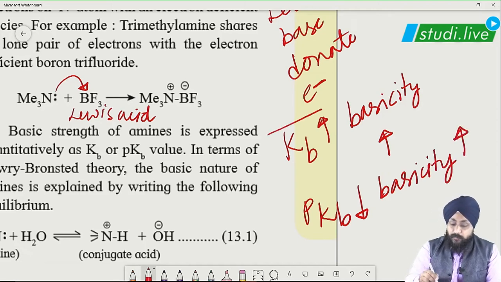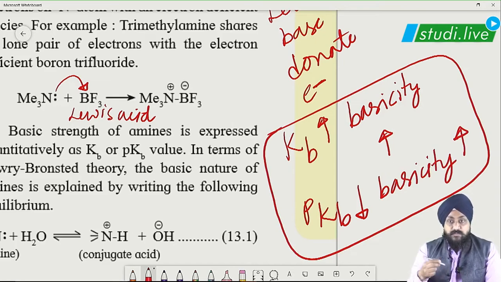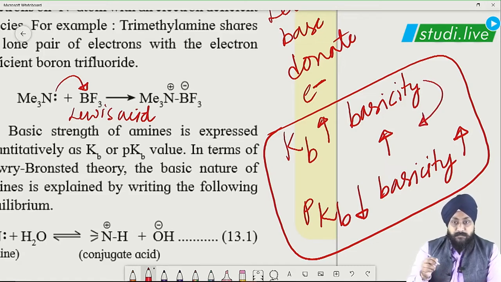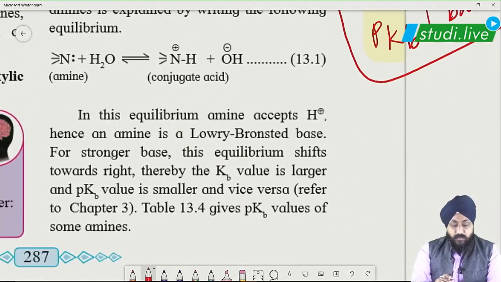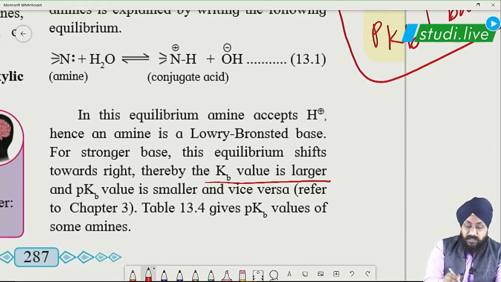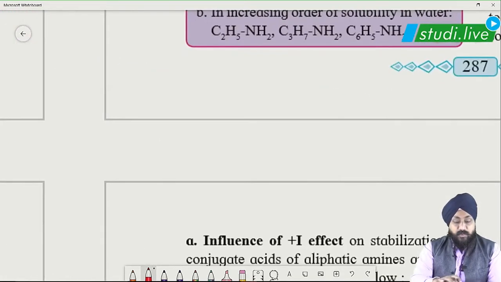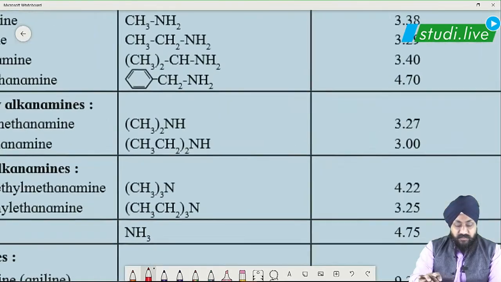So these are the points you are supposed to remember. If Kb, the dissociation constant of the base, is more, basicity is more. If pKb is less, then basicity is also more. When the Kb value is large, the pKb value is smaller, and the basic strength is more.